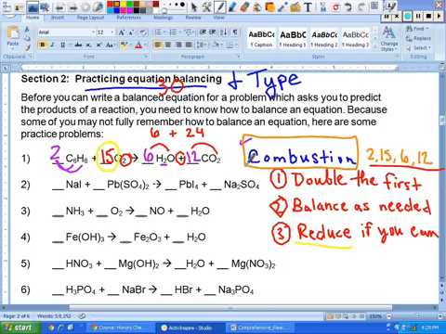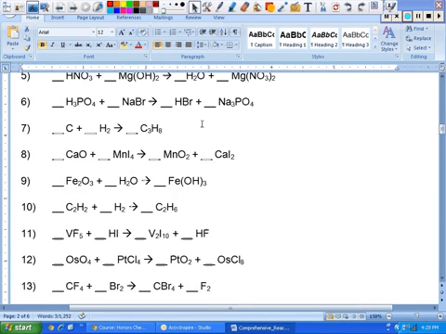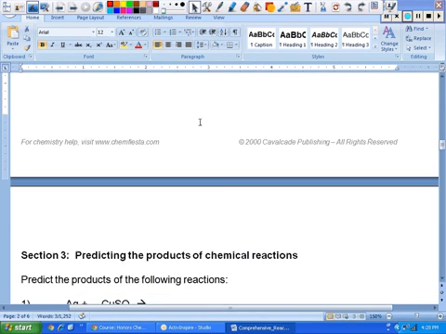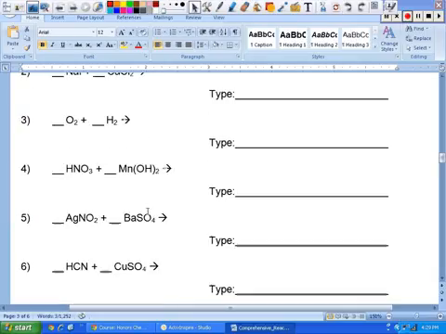So I'm going to go down to the last set, which is predicting the products. So not only do you have to tell me the type, you also have to predict the products and you have to balance it. I'm going to work 2 of these to get you going, and the rest of them you should be able to do.